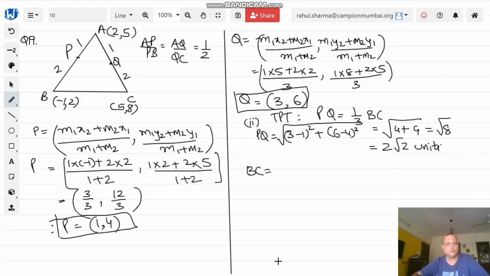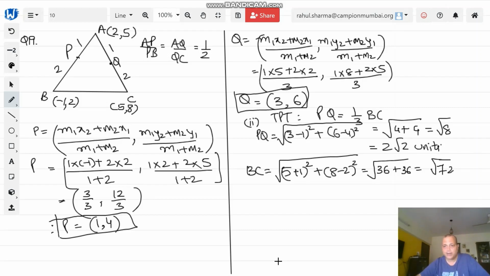BC would be equal to 5 minus minus 1, that's 5 plus 1 whole square plus 8 minus 2 whole square, the square root of it. This is 6 square, that's 36. This is 6 square, that's 36. So that's square root of 72, which is 9 into 4 into 2, that's 36 into 2.